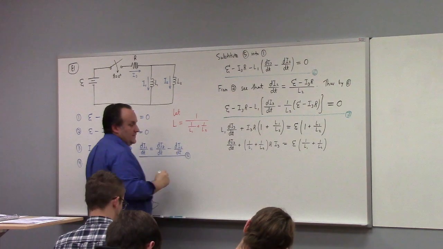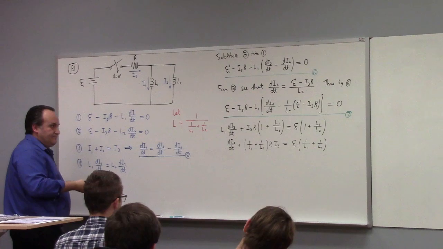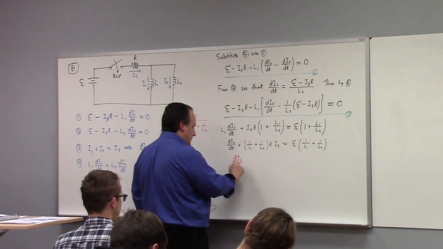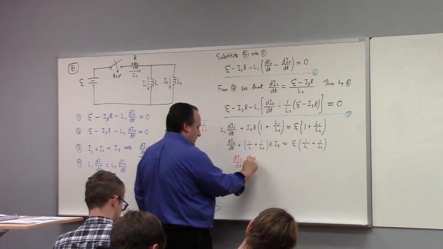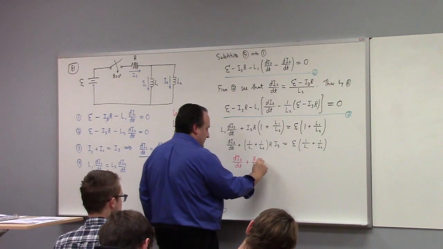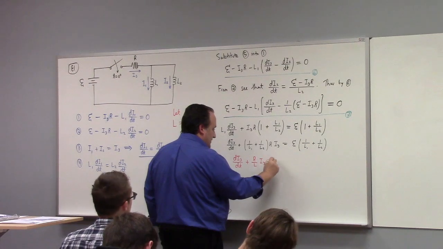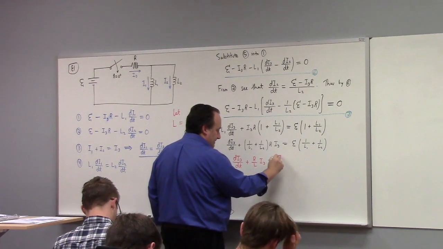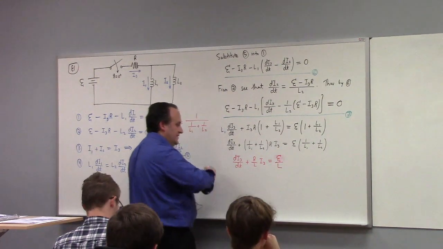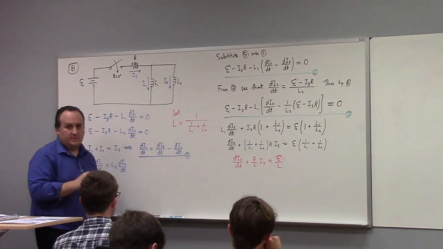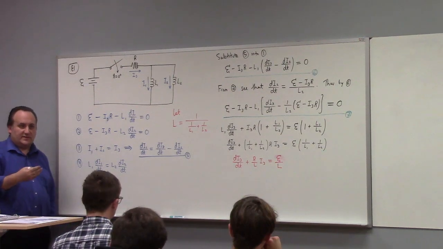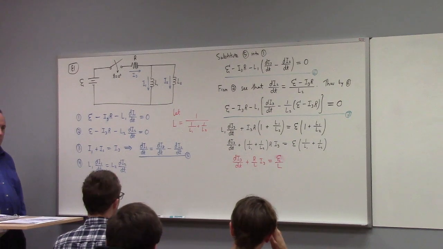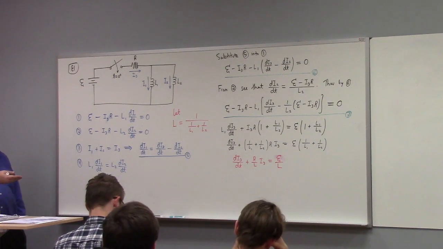If I make that substitution, then I can rewrite this as di3/dt plus R over L times I3 equals E over L. At which point, we're home free, because that is the RL circuit equation that we had at the start of the class before last. Remember, that's the equation for the RL circuit.